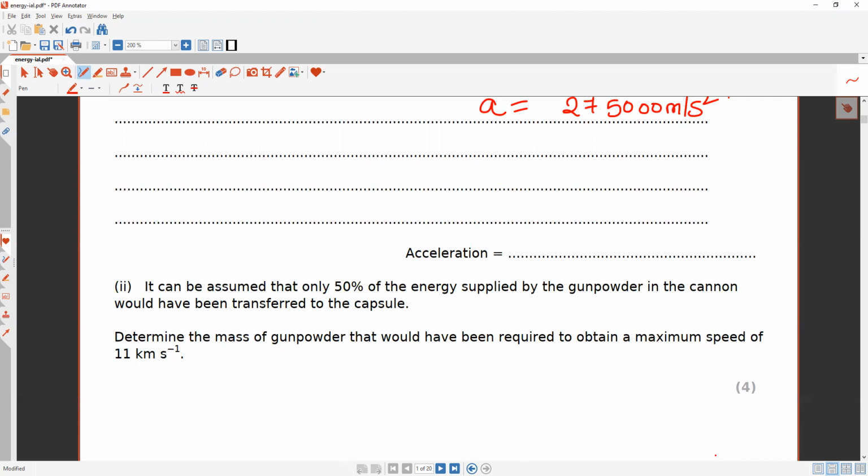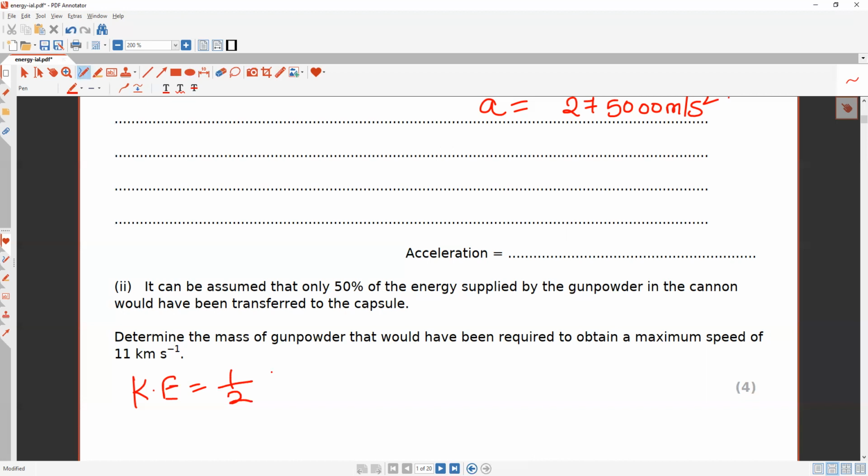How would you do this? We are trying to convert the energy inside the gunpowder to kinetic energy. First, you need to find the kinetic energy required for that capsule to go at a speed of 11 kilometers per second.